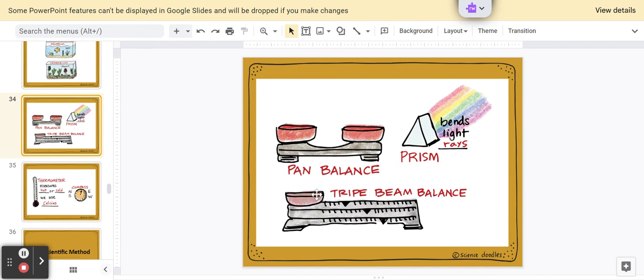We select an item to weigh here, and then we move the levers to determine what the weight is. You'll watch a video on how to use the triple beam balance. And another tool is a prism. You've probably seen a prism before, and it bends light rays. Copy those red words.